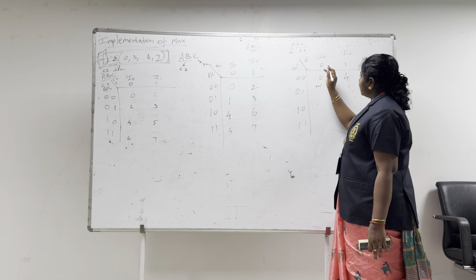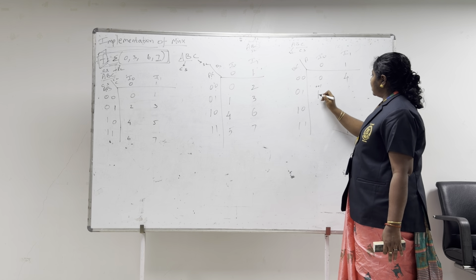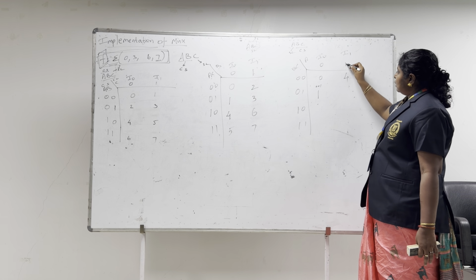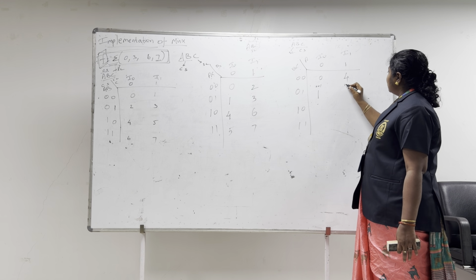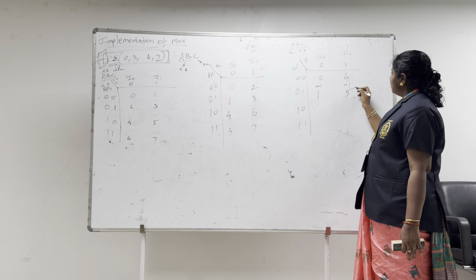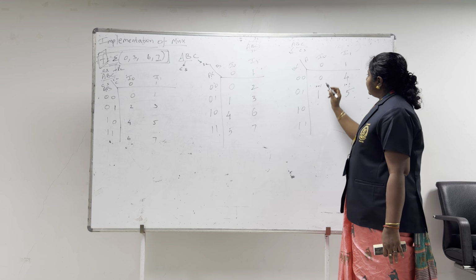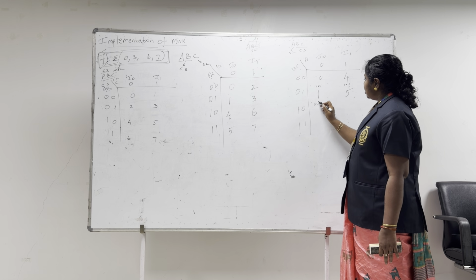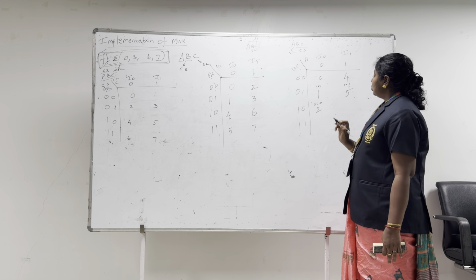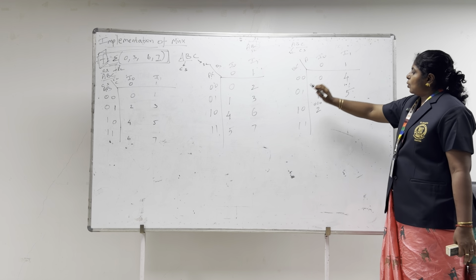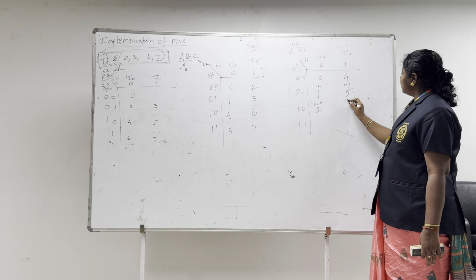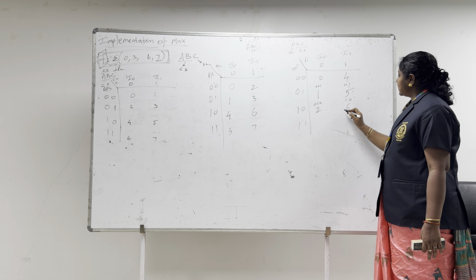You can understand, right? 0 0 1, it is 1. Over here 1 0 1, it is 5. And over here 0 1 0, it is 2. Here it is 1 1 0, it is 6.